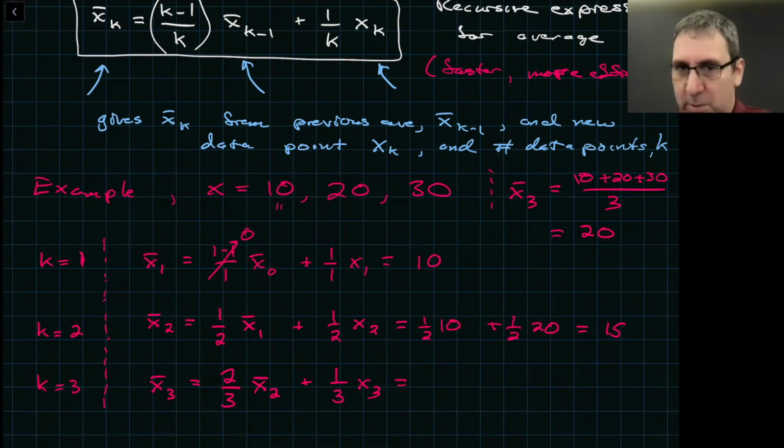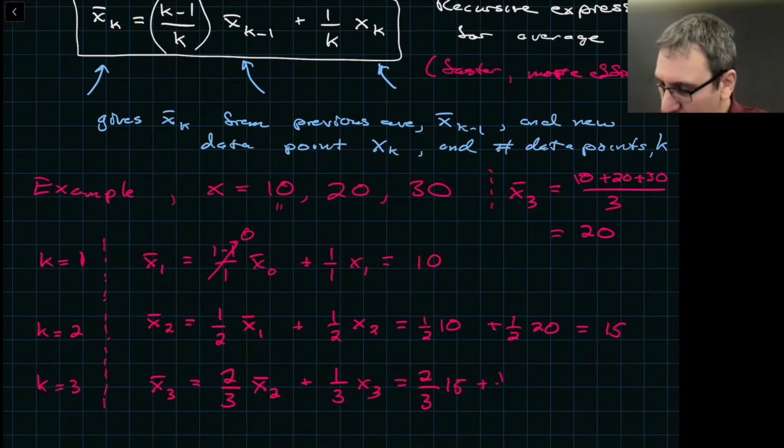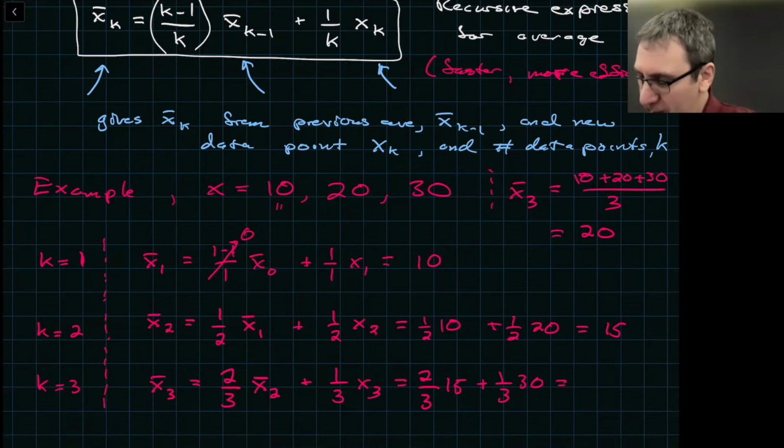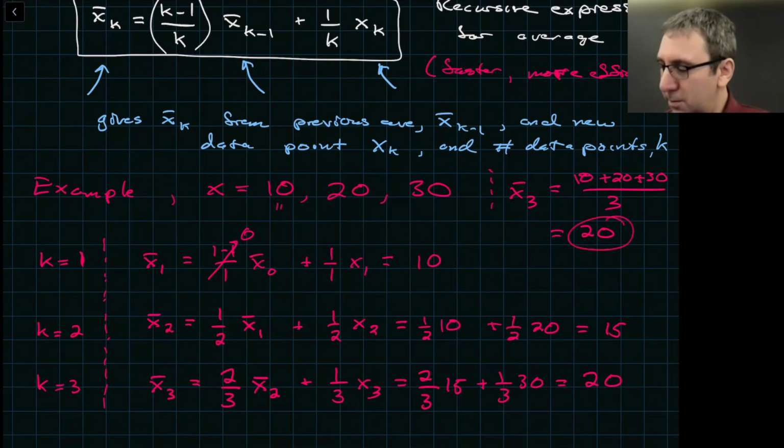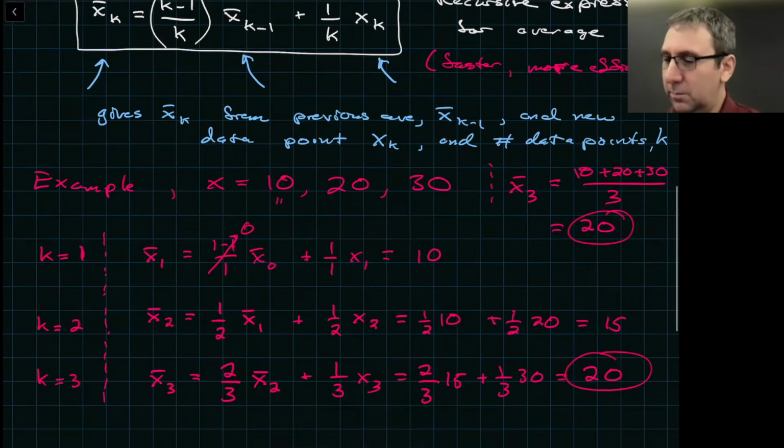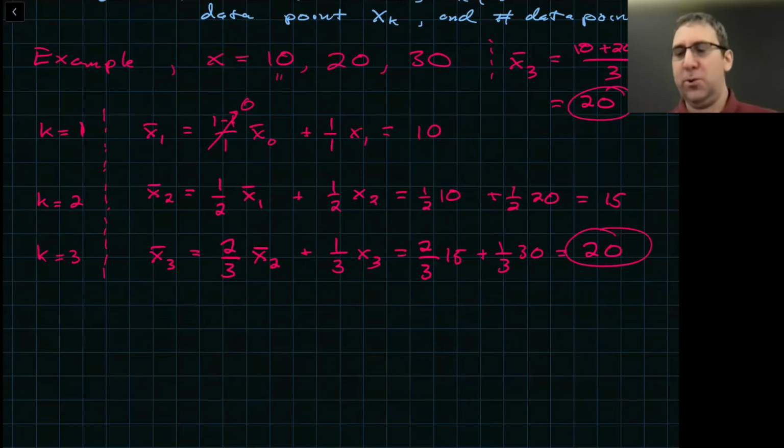And so this is going to be 2/3 of 15 plus 1/3 of 30. That's 20. So, hey, what do you know? The same thing. Good. It's just that if you're doing this on the fly, you'd want to use the recursive approach. If inside your computational sensor thing, it's a lot easier for it to do this marching along recursive approach.